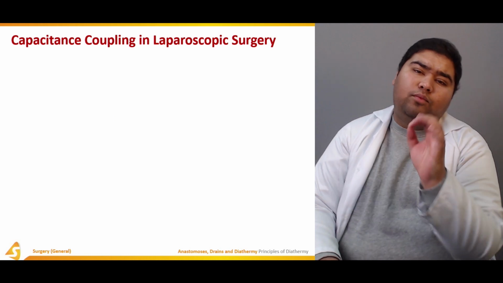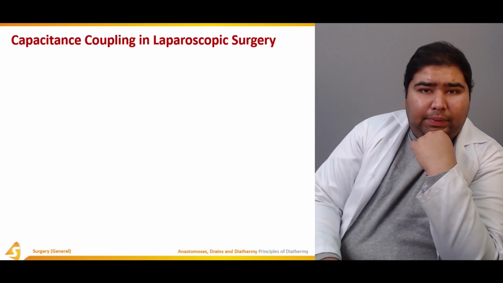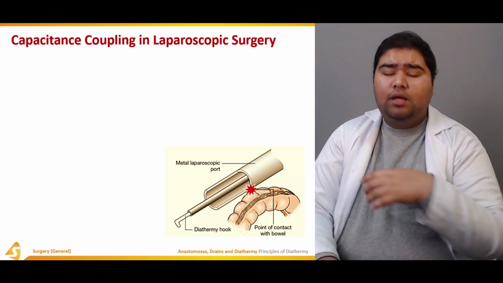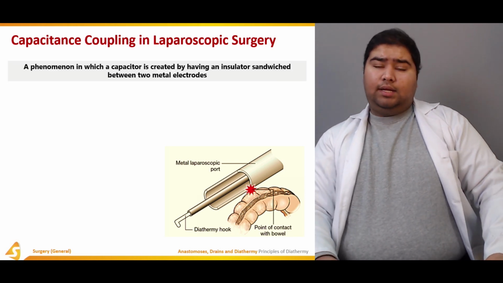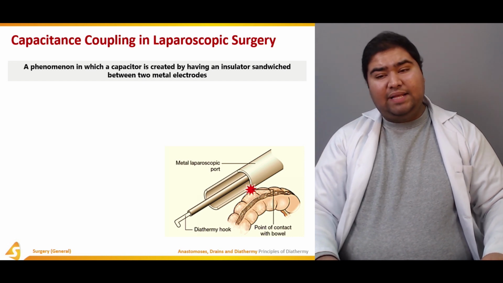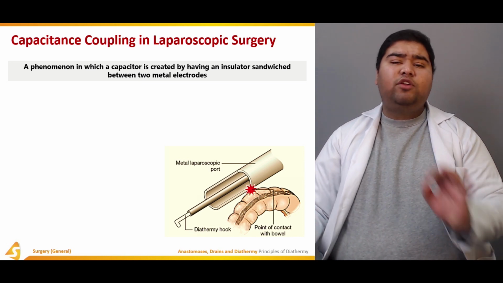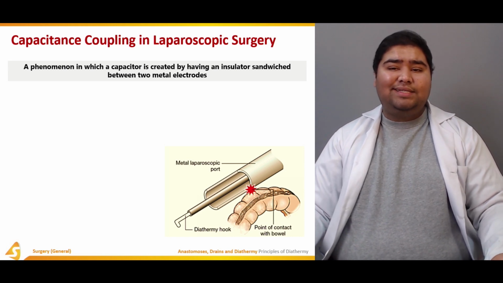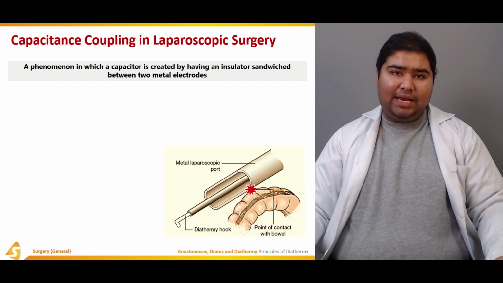So what is capacitance coupling? What happens during the laparoscopic procedures? A capacitor is formed, and let's see how that capacitor is formed. This is a phenomenon in which a capacitor is created by having an insulator sandwiched between two metal electrodes.